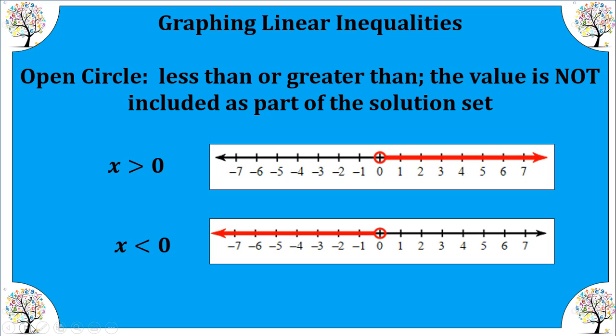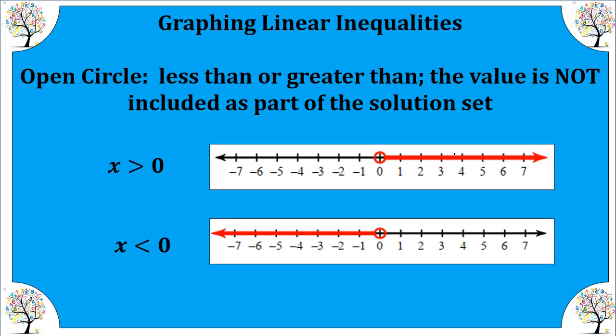So now let's get into the symbols for when we do graph. And when we have x is greater or x is less, this means that the value 0 in this example is not included. It's not part of the solution set. So in our first one, we have x is greater than 0. So all the numbers that start at 0 but do not include 0 will make our statement true.